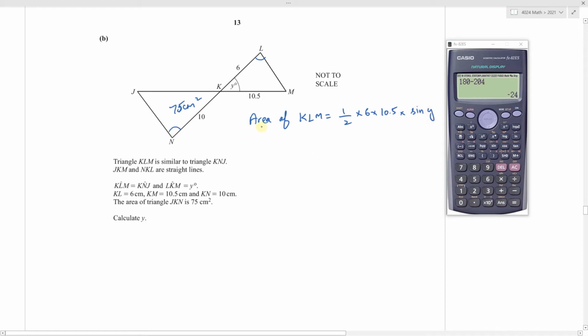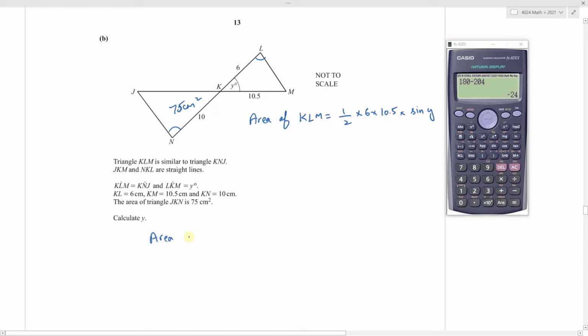Now I can find this area using the property of similar triangles, because we know this area is 75, and since these two triangles are similar, the ratio of their areas will be the square of the ratio of their two corresponding lengths.